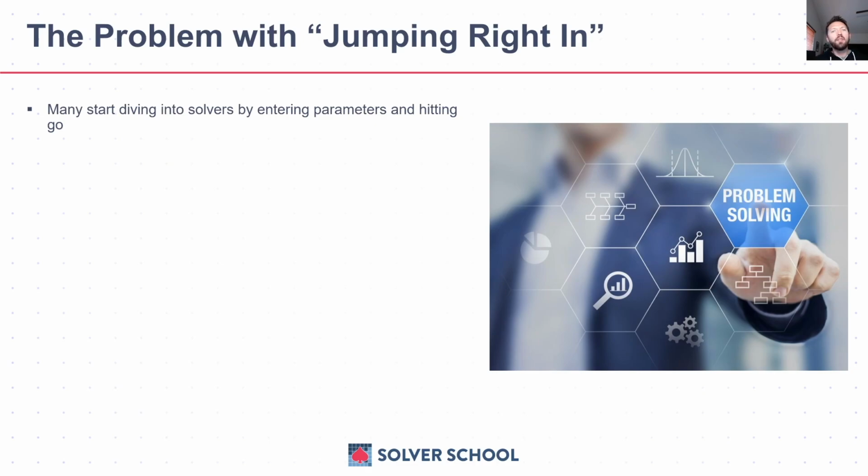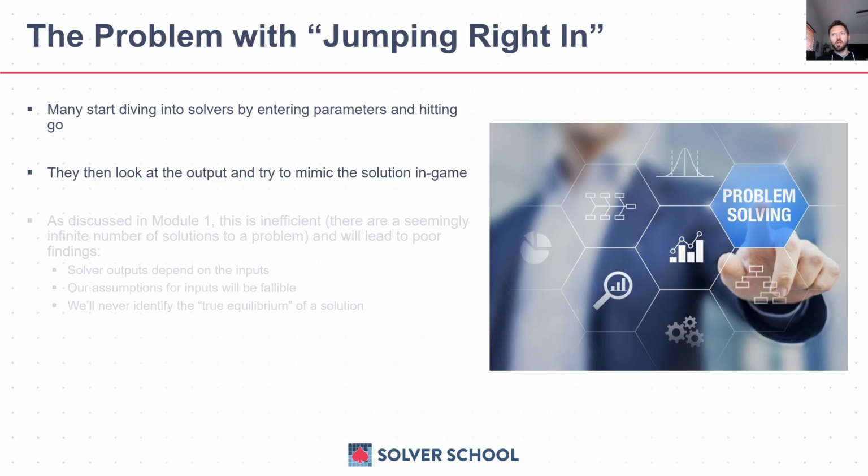And that's not unique to me. Honestly, virtually everybody does this when they first jump into solvers. They start entering parameters, they start hitting go, and they're trying to look at the output and figure out, are they playing the hand correctly, and can I mimic this solution in game?